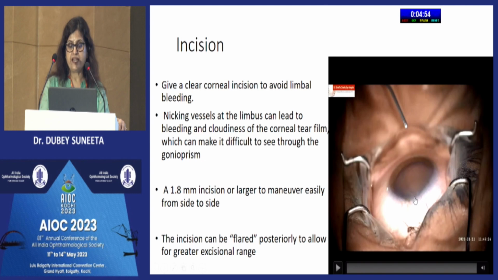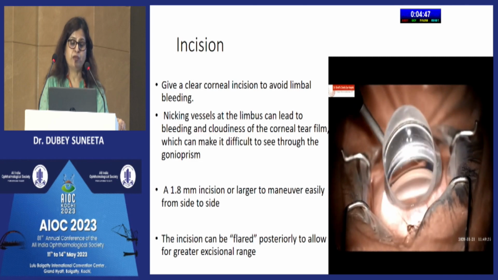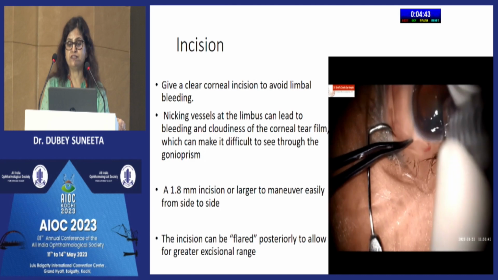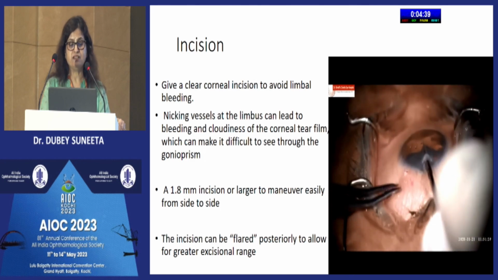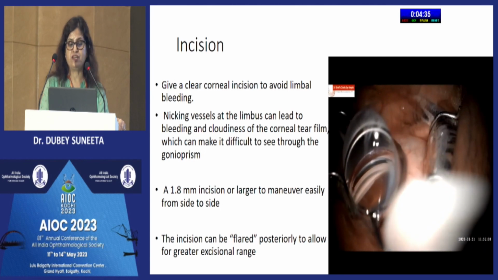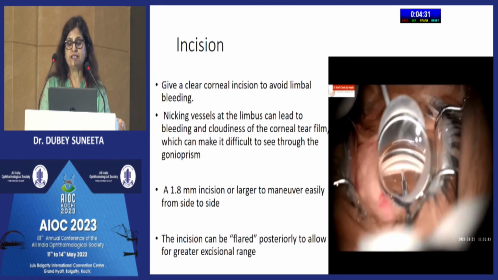A 1.8 millimeter incision is enough to have good maneuverability from side to side, and the incision can be flared posteriorly, so you can enlarge the incision from inside to allow greater excursion, wherein you can keep rotating your gonioscope and treat the angle.